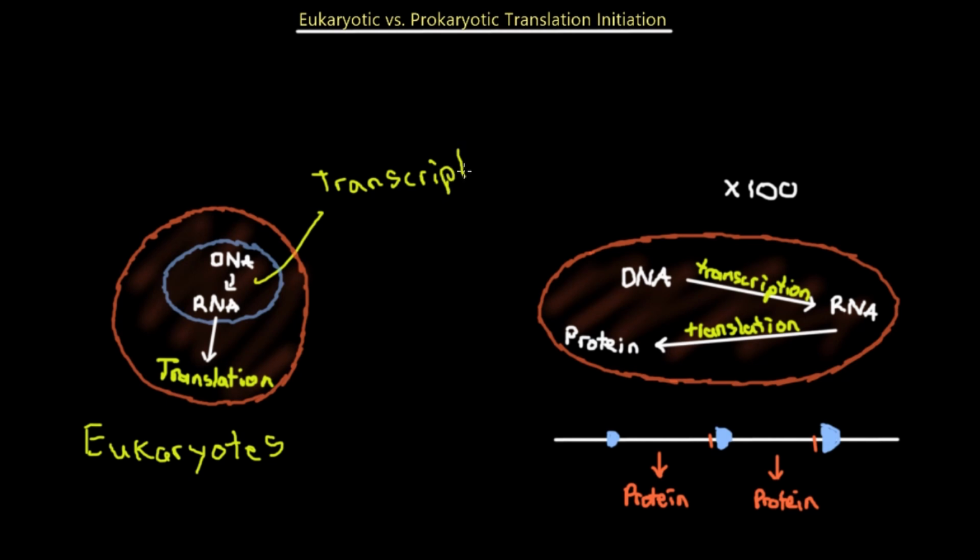Transcription must be fully complete before the mRNA moves out of the nucleus into the cytoplasm, where translation is going to occur. So these processes are separated in eukaryotes, whereas they occur together in prokaryotes.